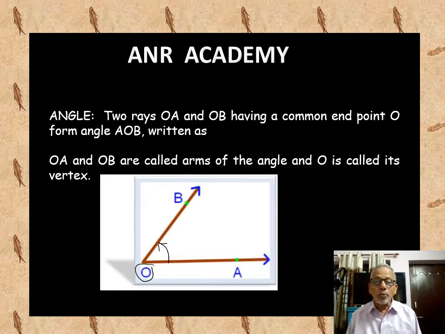Clear? How do we write? We write like this: angle AOB.